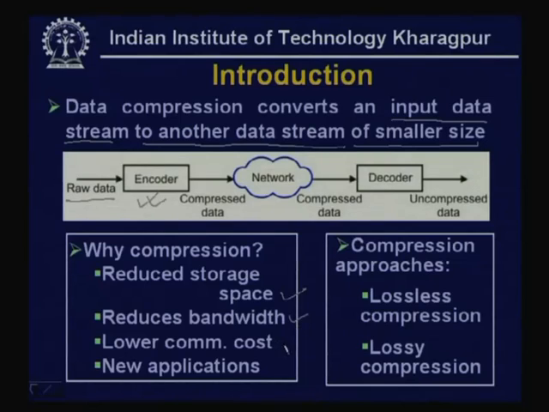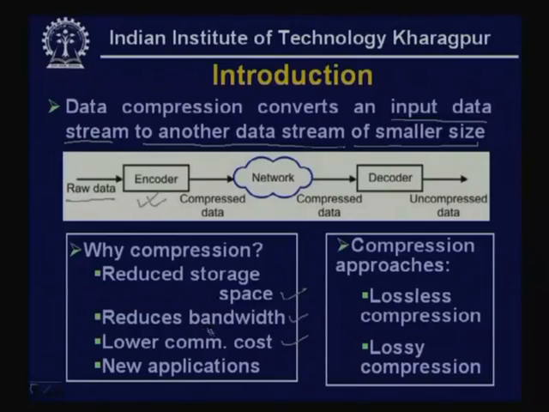So, it will lead to lower communication cost. As you know, the higher the bandwidth of the link, more is the cost. So, lower bandwidth requirement reduces the cost of communication. Moreover, it leads to emergence of new and new applications. Some of the applications we shall discuss in the next lecture.